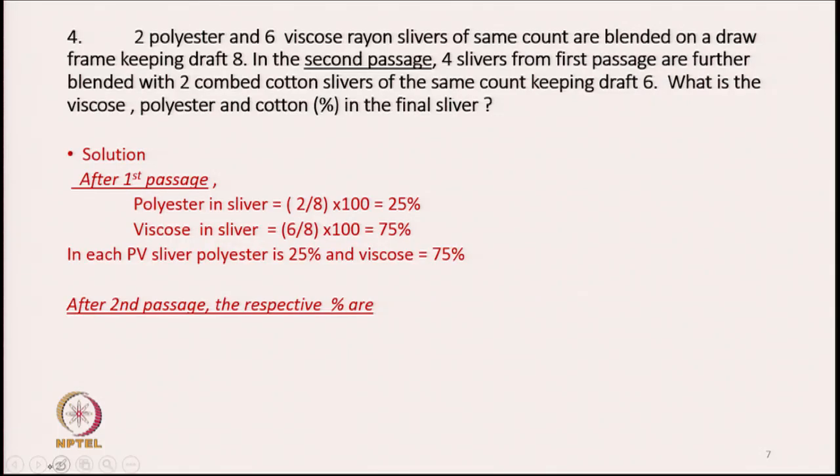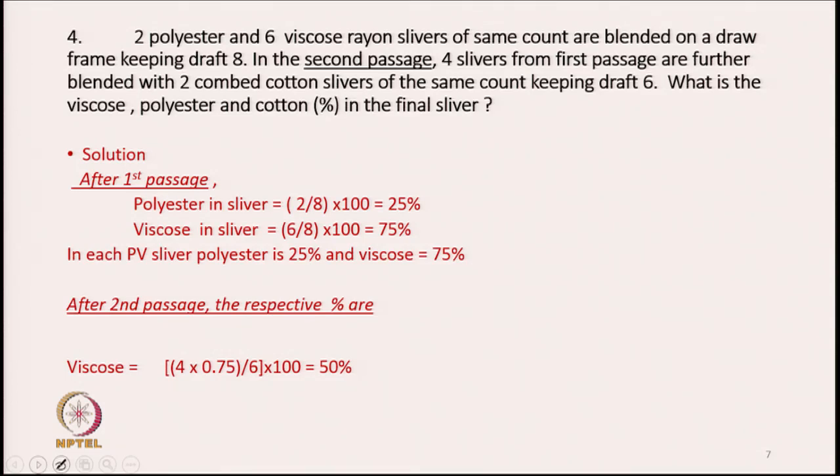So, after the second passage, the respective percentages will be found. If we want to find out for viscose, because the sliver count is not changing, it is relatively easy to solve.